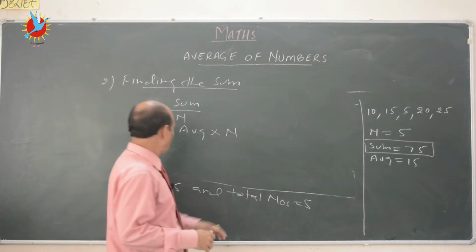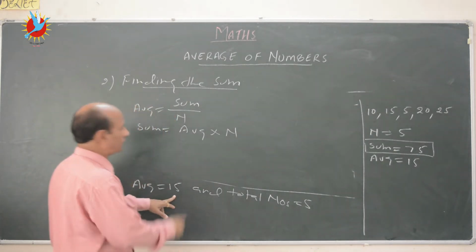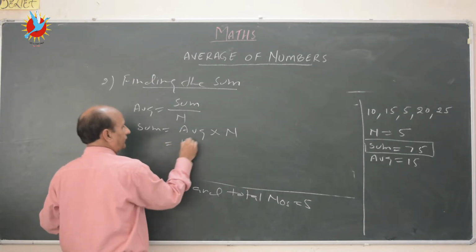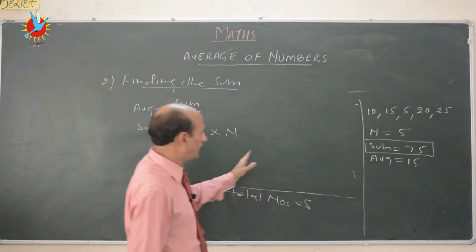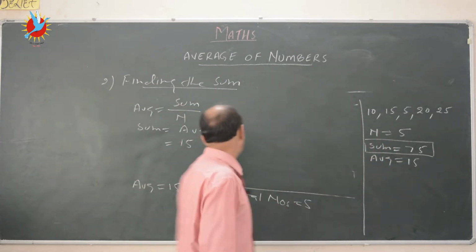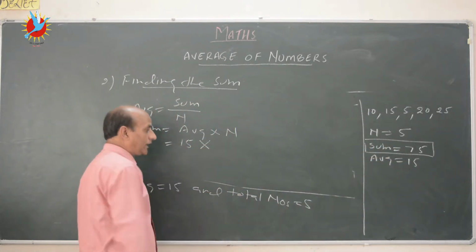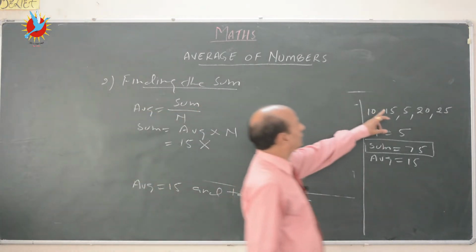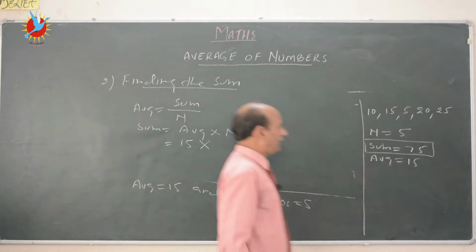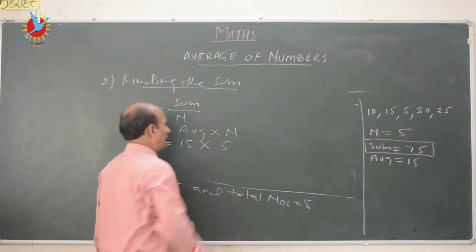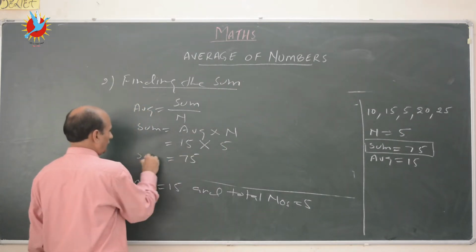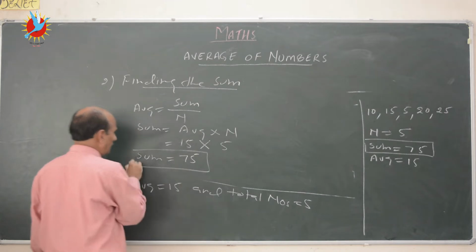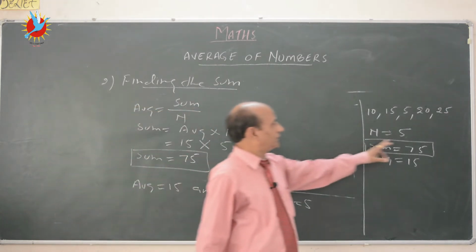Now putting the value of average, here the average of the number is 15, which we have calculated just now. Average is 15 and total numbers are how many? 1, 2, 3, 4, 5. It is given 5. 15 fives are 75. So you have got the value of sum of the numbers.